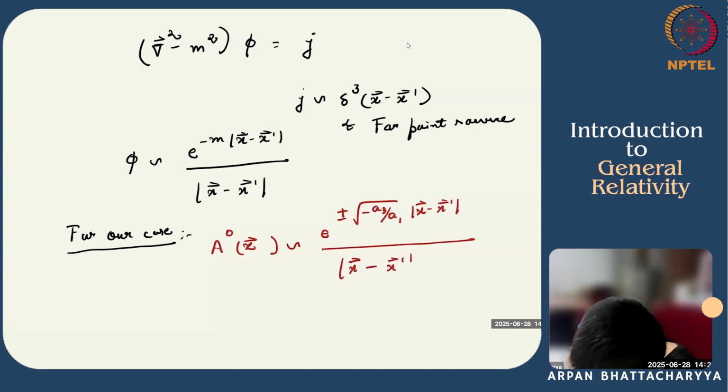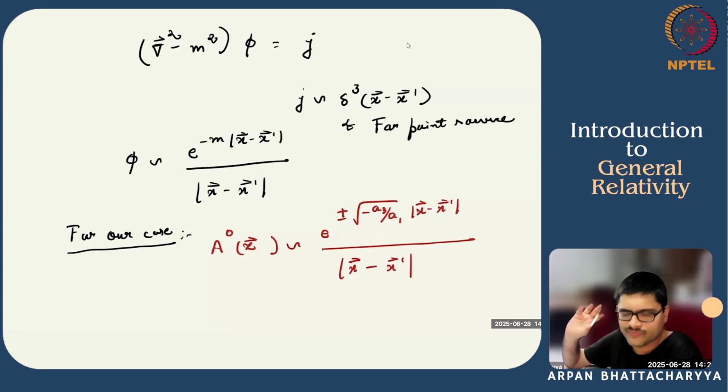So note that when we write the solution, we assume that whatever is inside the square root, minus A3 by A1, is a non-negative number, and in that case, it is exponentially damped.